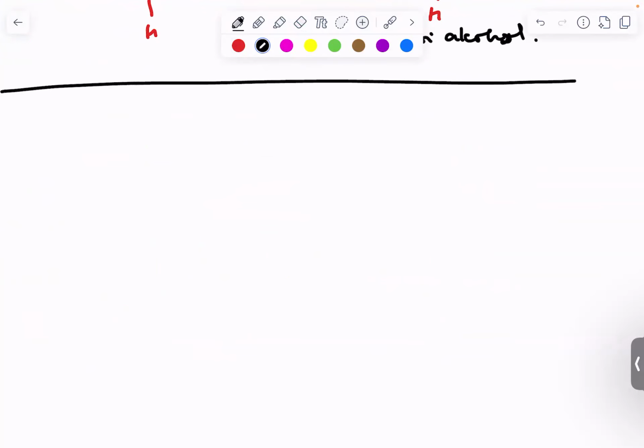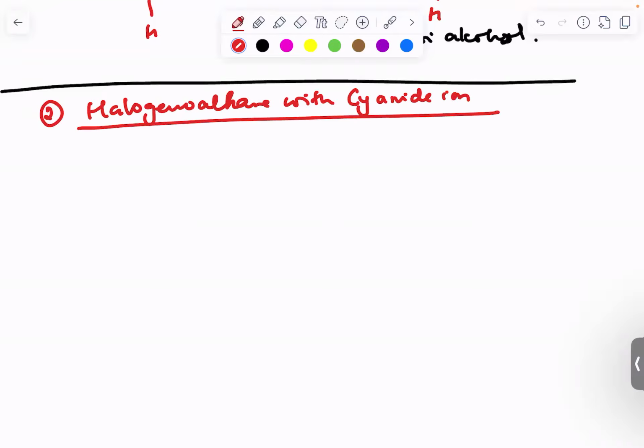Now, the next reaction is with cyanide. So, the second reaction would be halogenoalkane. We haven't done this, Zena, right? Cyanide ion. No. All right.